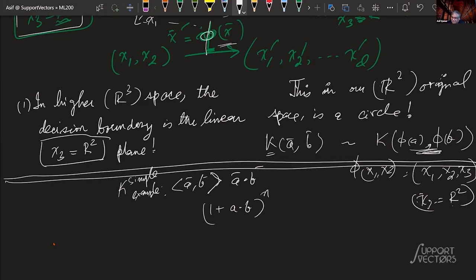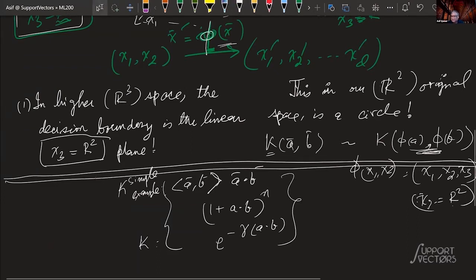In the case of a radial basis function, minus gamma a dot b. So you notice that these kernels are just functions of the dot product. That's all it is. There's nothing very magical about this. We use the word kernel; it's the word used in the literature.